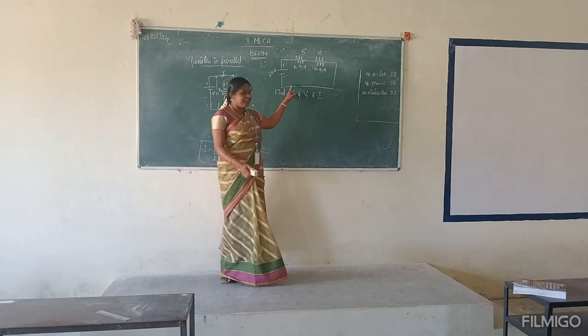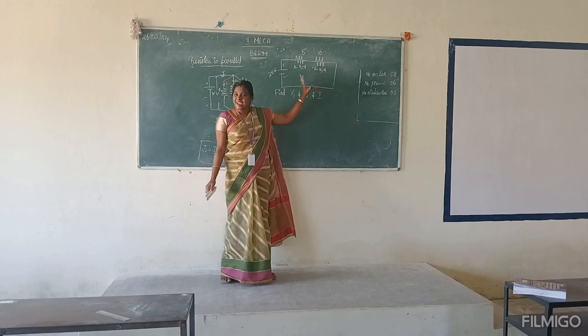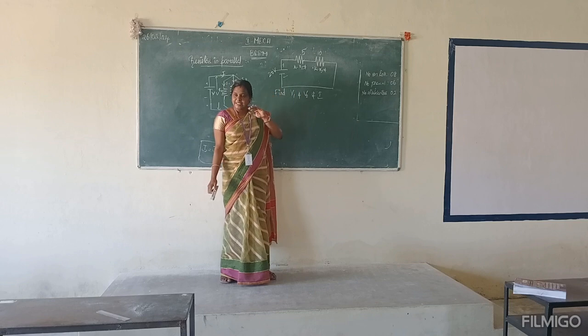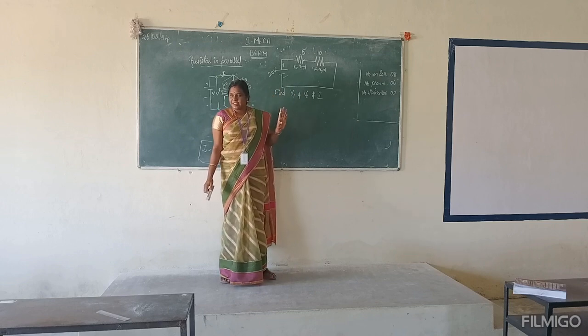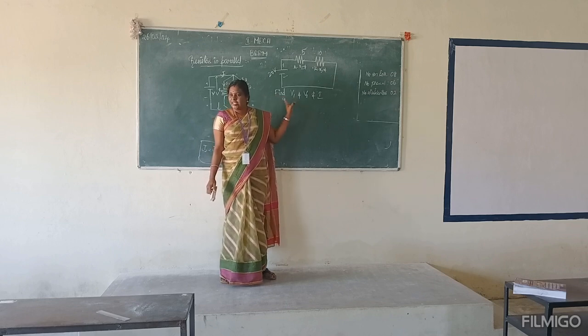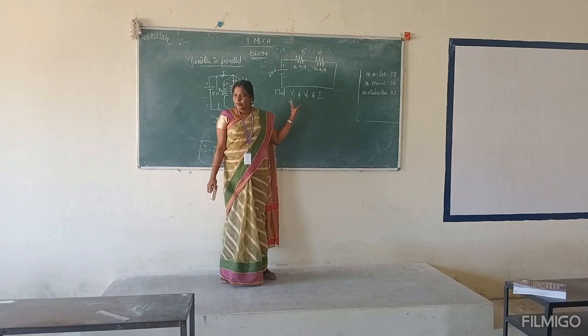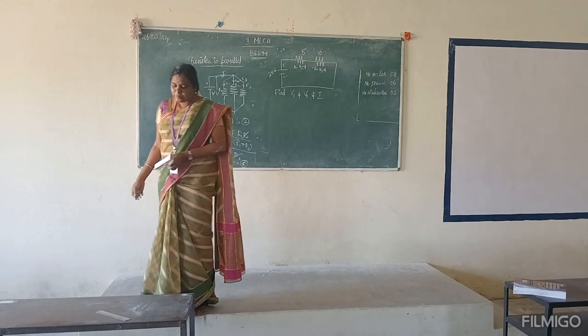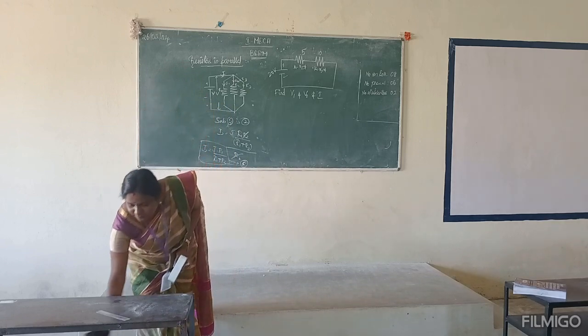Immediately when you see the circuit, you understand the resistors are connected in series. Then how to find V1 and V2? There is the voltage divider rule. Just substitute the voltage divider rule and tell me V1, V2. See, very simple problem.